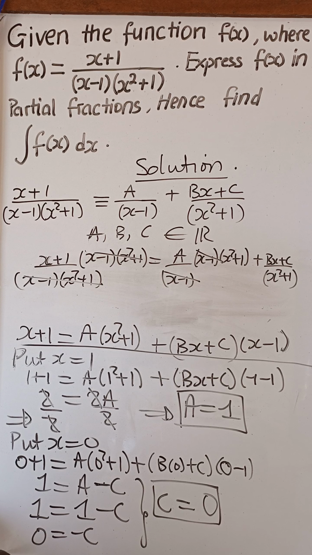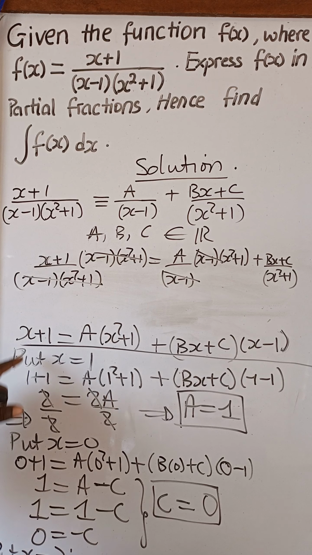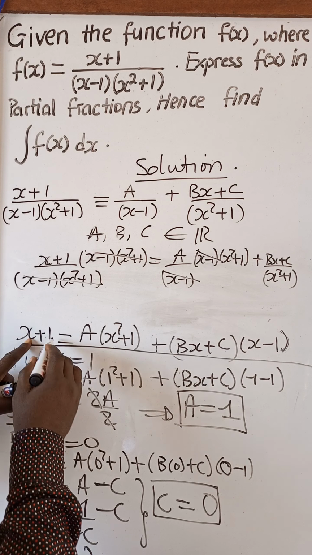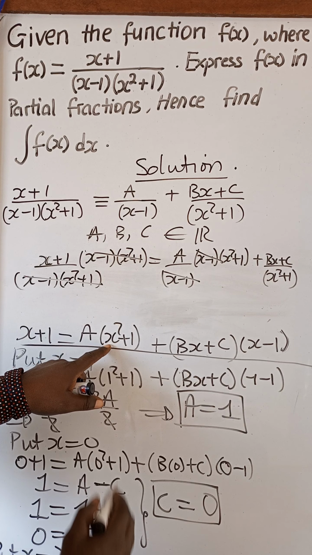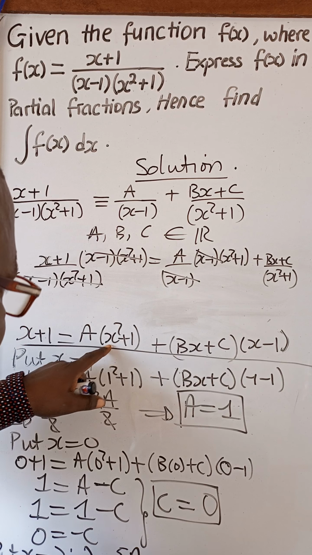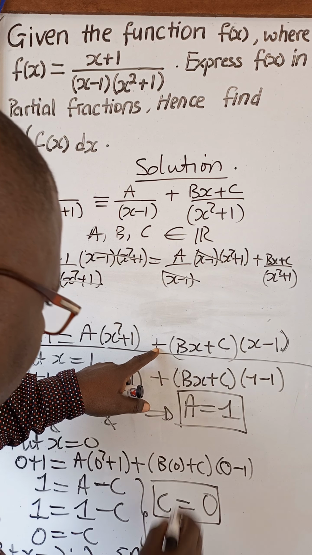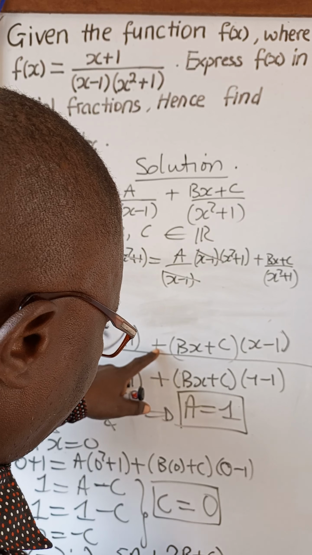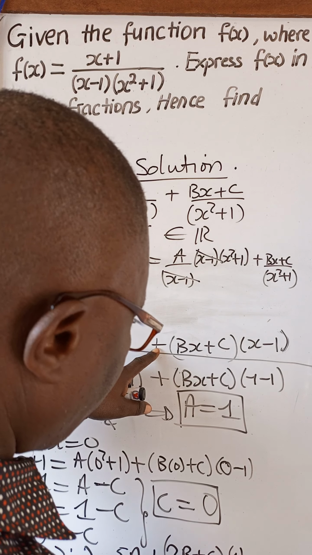So if we put, for example, x to be 2, the left hand side will just be 3, that's 2 plus 1, is equal to 2 squared is 4 plus 1, 5, so we have 5a, and then 2b plus c into 2 minus 1, which is 1.